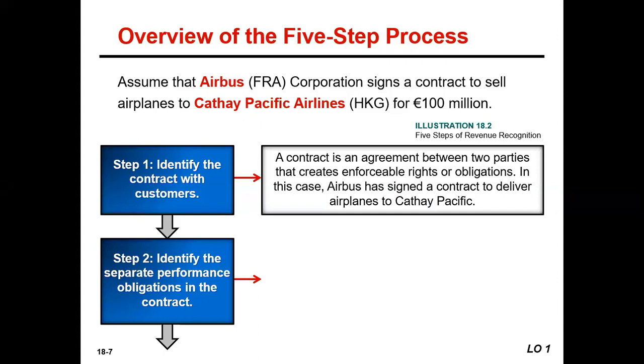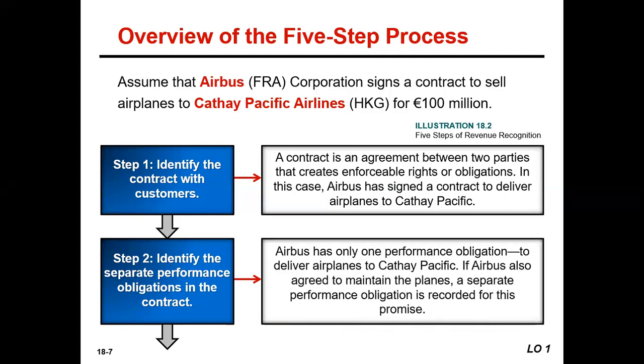Second, identify the separate performance obligations in the contract. So there's only one performance obligation to be conducted by Airbus. Only the delivery of airplanes.